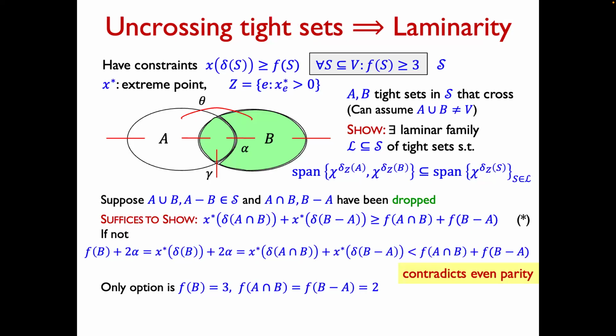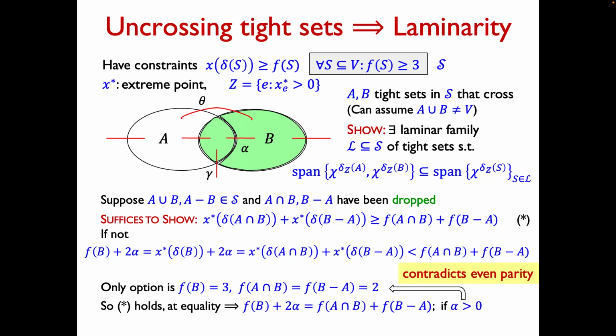And so star cannot be violated, so this inequality must hold. If this inequality holds, then we know that A intersect B and B minus A are also tight. So now we know that star holds, and it actually holds with equality. So f of B plus 2 alpha is equal to f of A intersect B plus f of B minus A. And now I can claim that alpha is equal to 0, because the only way of satisfying that constraint is by these values.